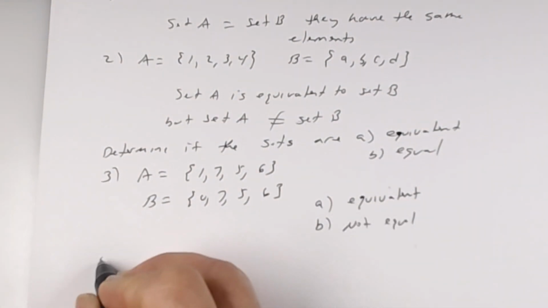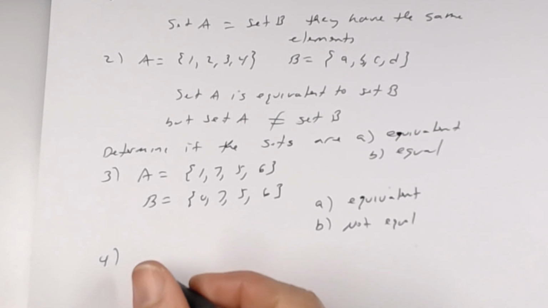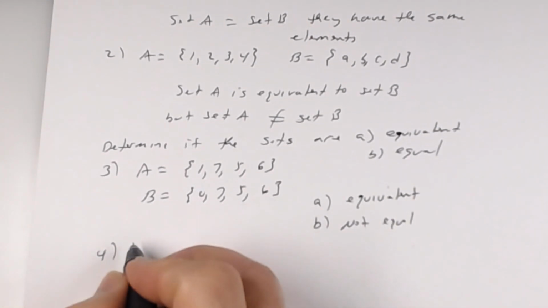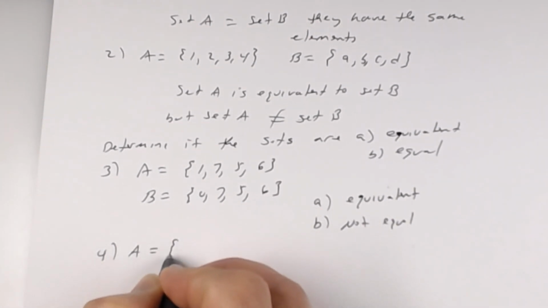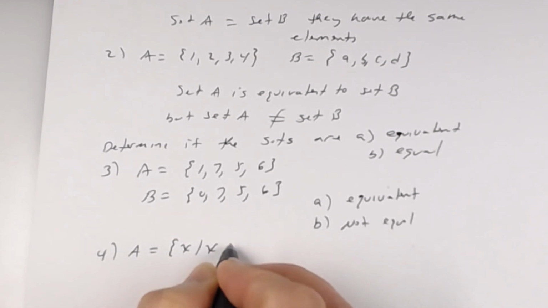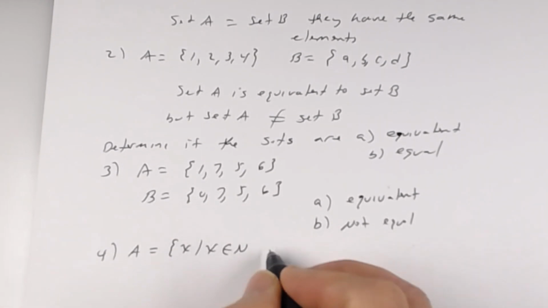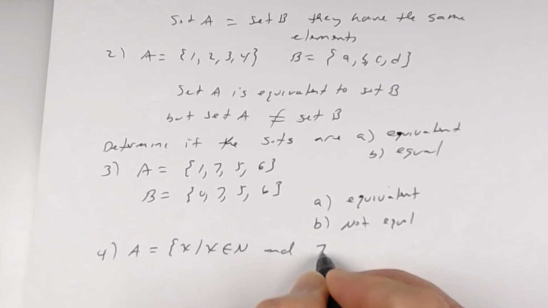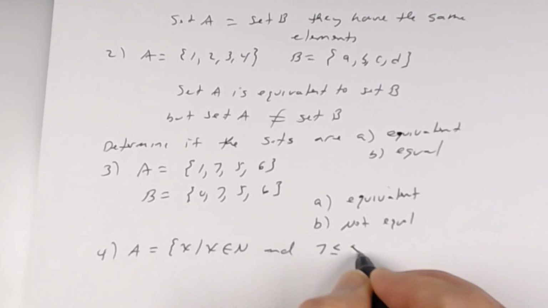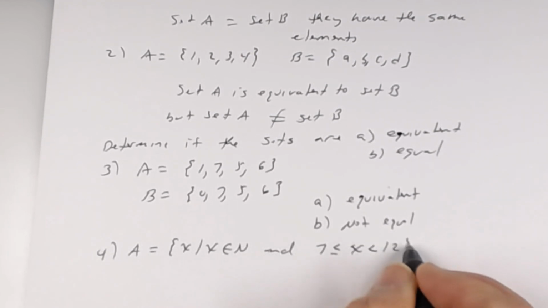All right, let's look at 4. So 4, suppose we had this. Suppose we had set A is the set of x's such that x is an element of the natural numbers, and x is between 7 and 12. So remember, when it looks like this, you got to remember something from our previous course.